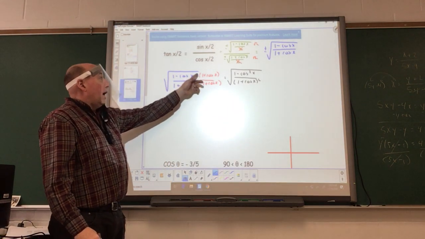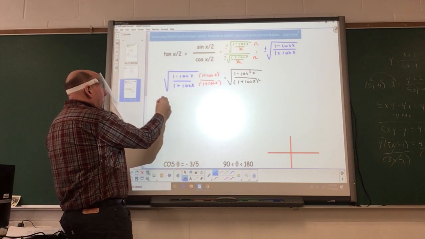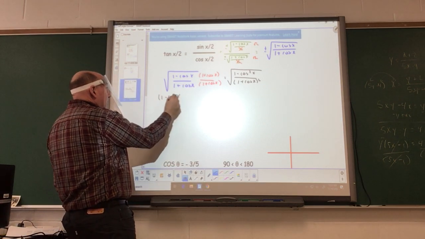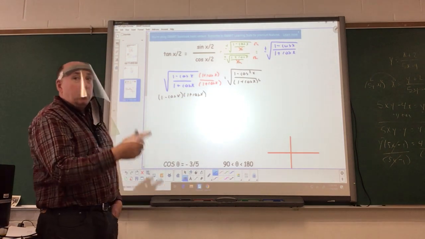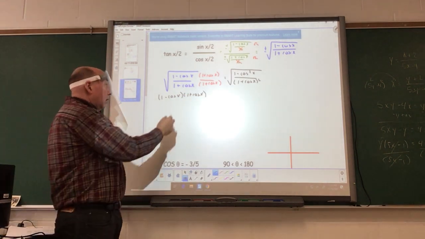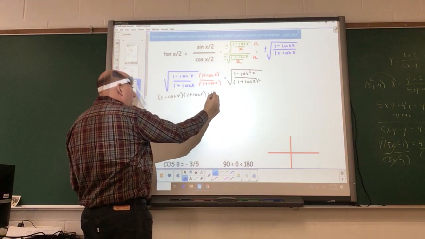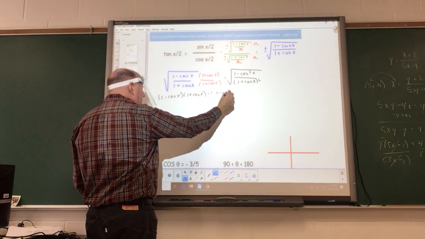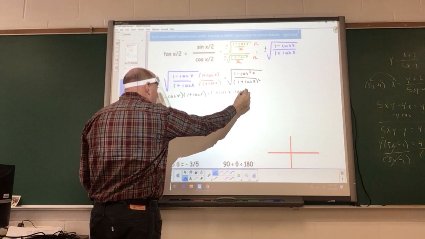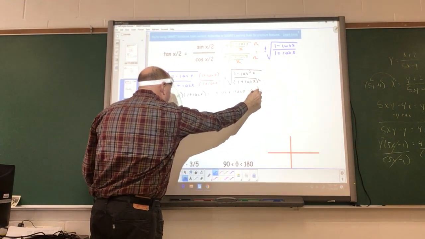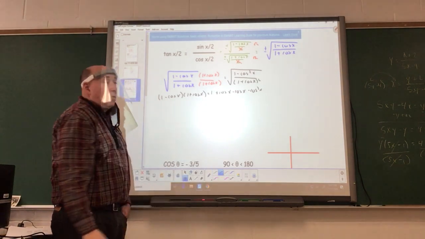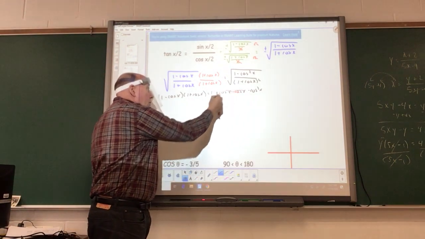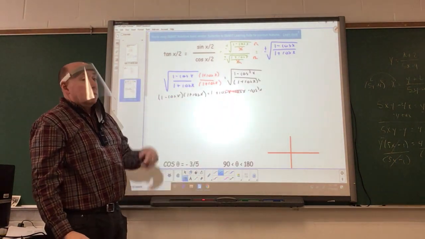If I would FOIL out 1 minus cosine of x times 1 plus cosine of x. This is a difference of perfect squares multiplication, where we'd have 1 plus cosine of x minus cosine of x minus cosine squared of x. Just a difference of perfect squares. These cosines of x in the middle, they go bye-bye. So we have 1 minus cosine squared.